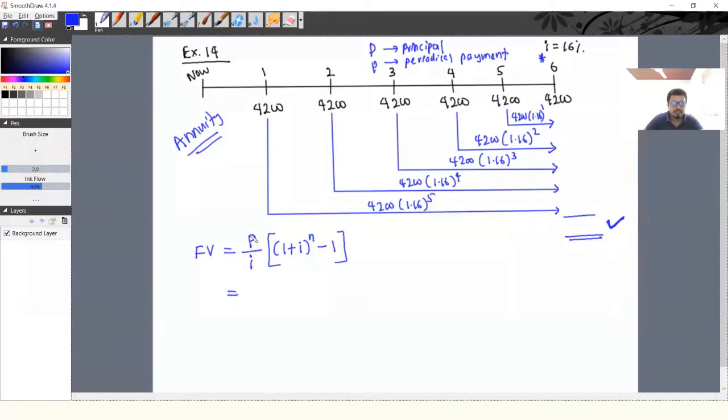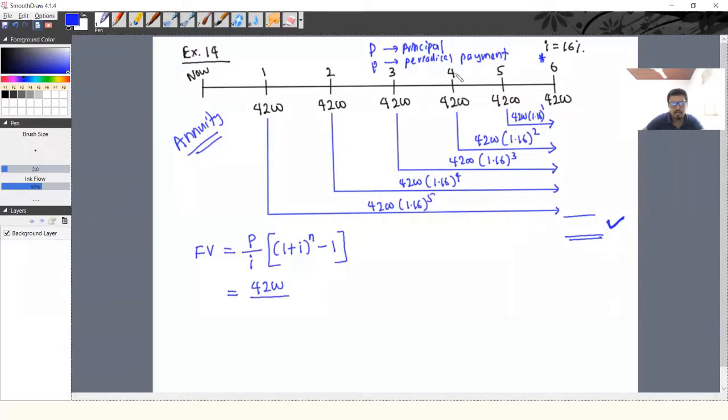What is the value of this simple P? What is the periodical payment we are making? What is the value of P here? That is 4,200. In each period we are paying 4,200. Therefore, that is our P value.